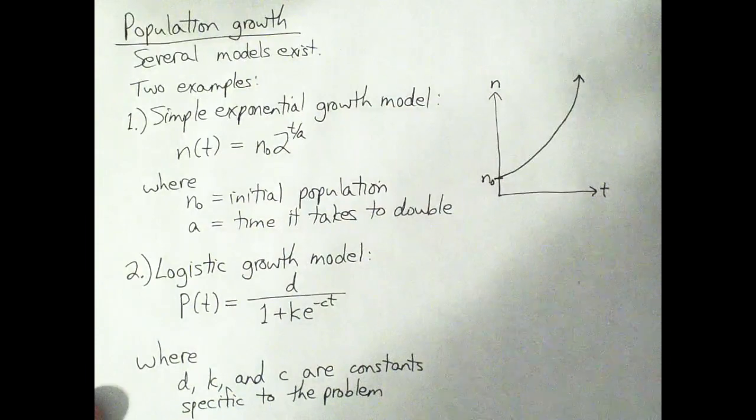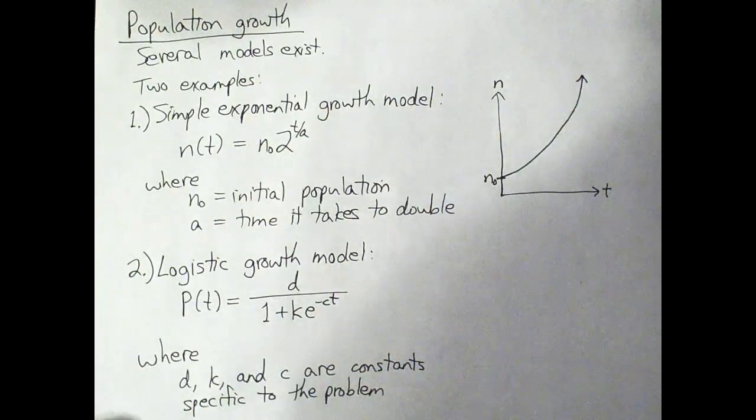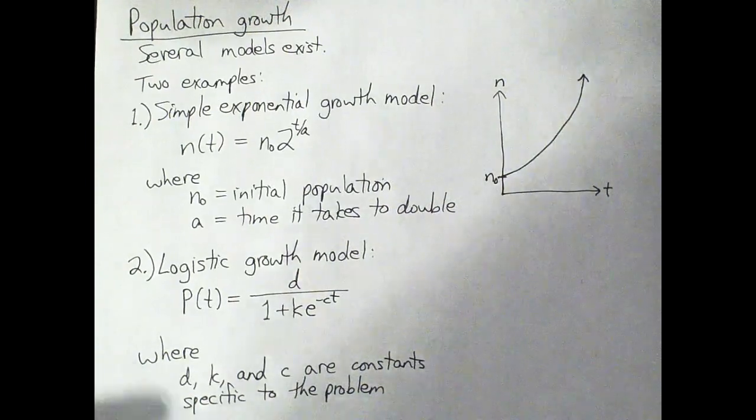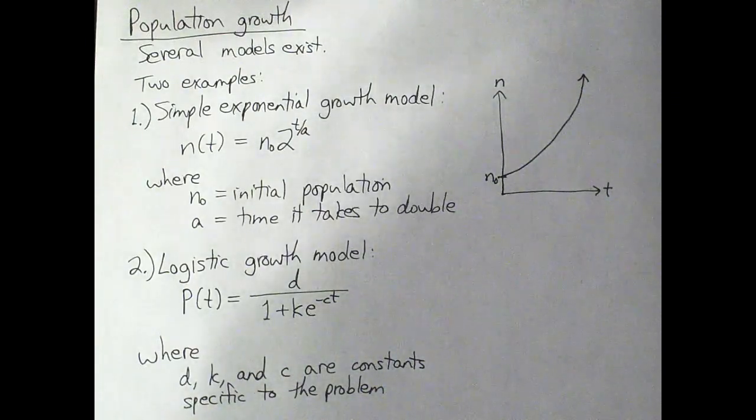This growth model is more complicated. The formula is more complicated. It has more constants, and the d, k, and c can have to do with things like the amount of resources available to the population, the amount of room that they have to grow, things like that.